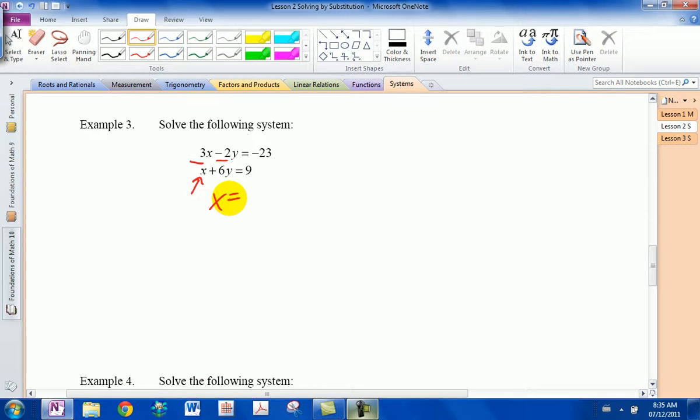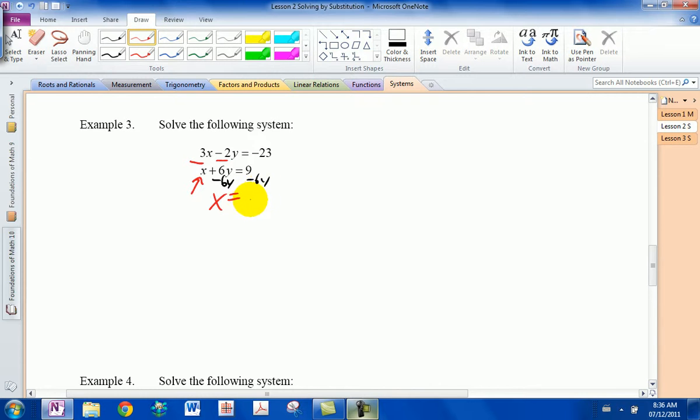What does x equal? Clovis? No. Oh, you have to move the 6y to the other side. Yeah, exactly. So minus 6y.